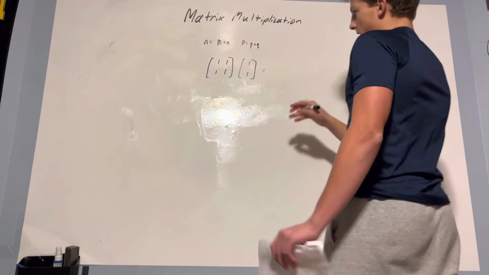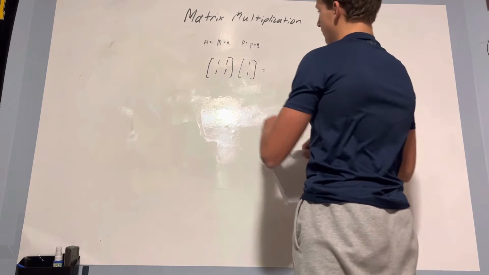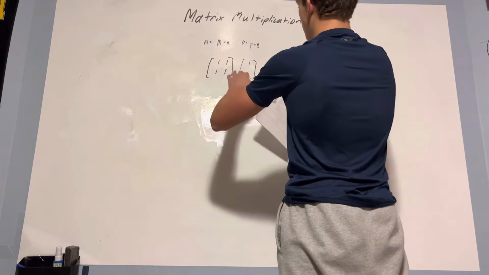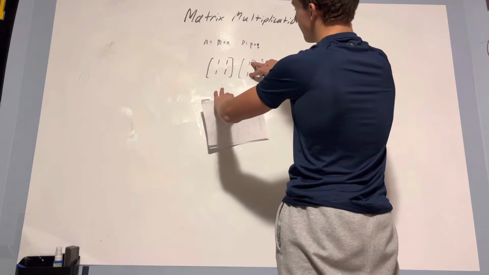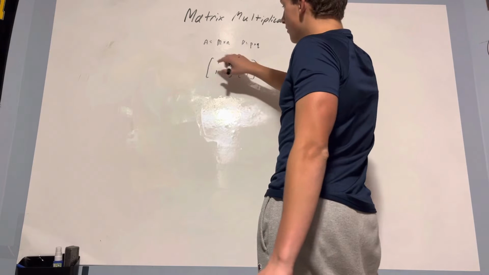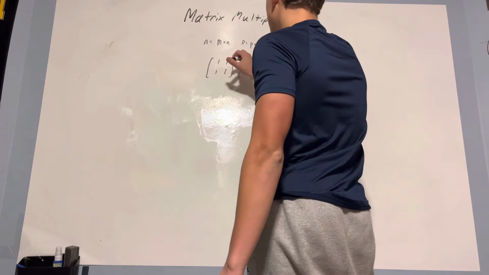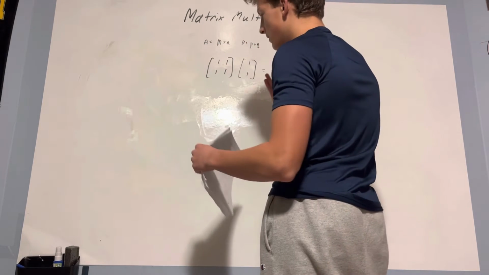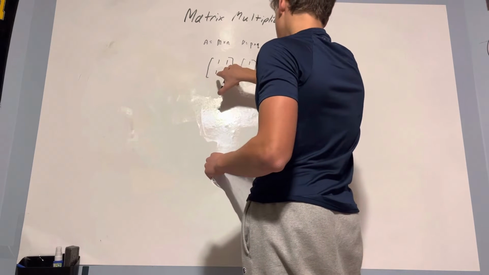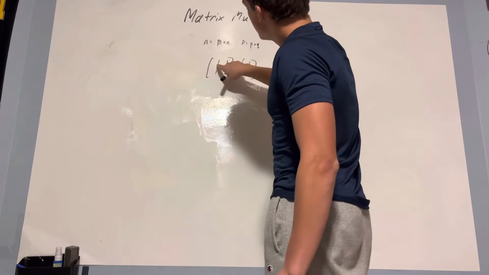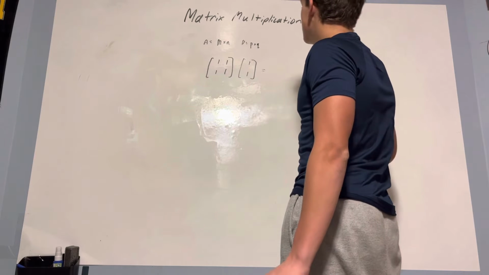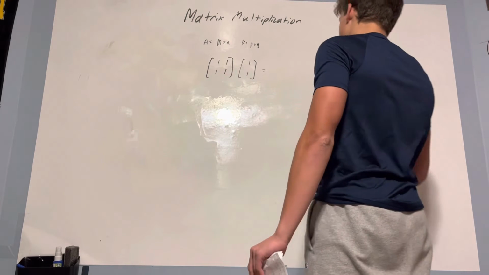Well, as I was saying before, we do the first row, so the two entries in the first row, and then we take the dot product with the first column. But we can only do this if the number of entries in the first row, which would be the same as the number of entries in any row, since it is a matrix and not some arbitrary shape, it is a rectangle. So since it is going to have 2 entries in the first row and 2 entries in the first column, then we can multiply the matrices.